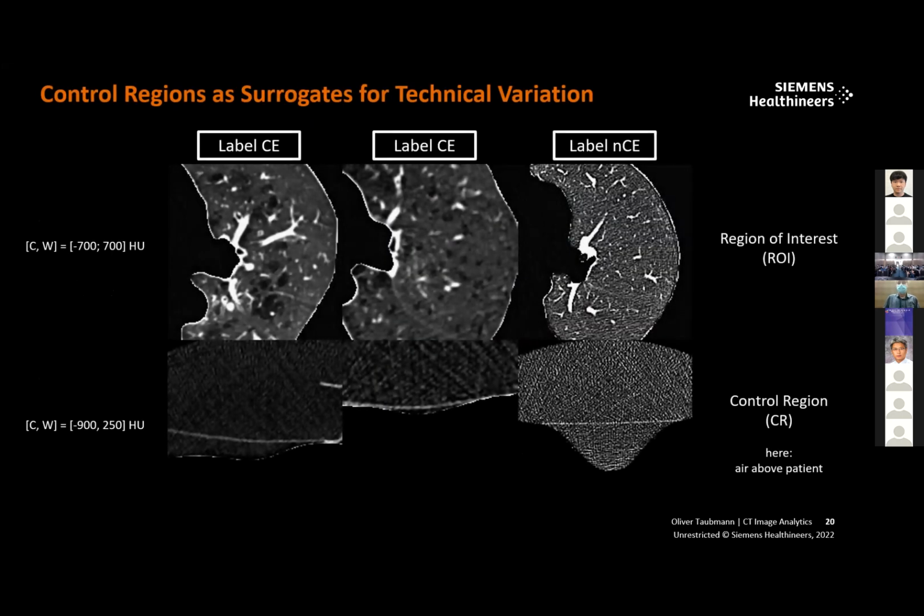And the way we approached this was by using control regions as surrogates that show only this technical variation, but not the biological one. We, for instance, just used the air above the patient, which for linear reconstruction would already tell you a lot about the sharpness of the image and the noise level.